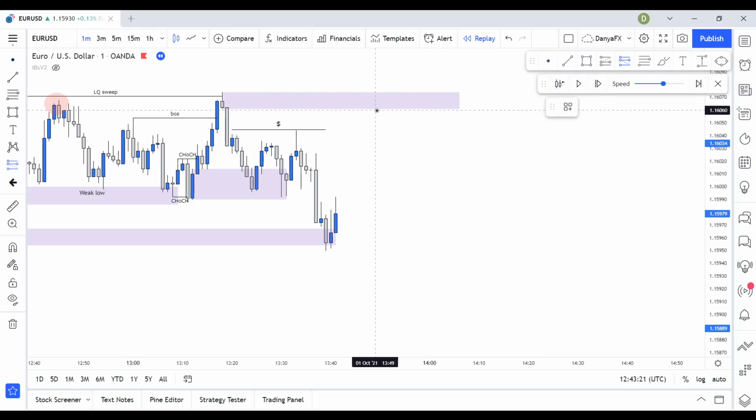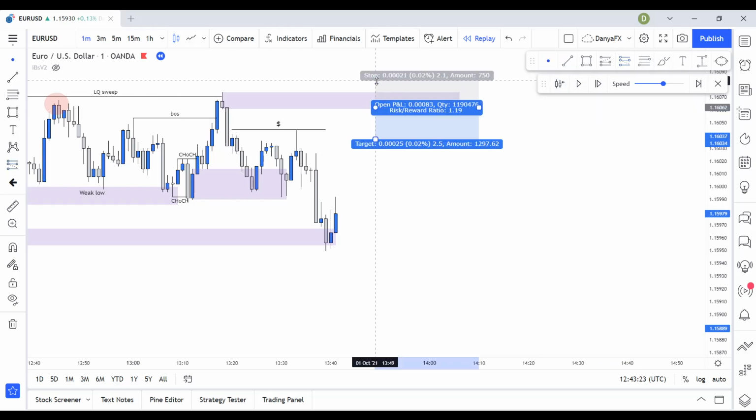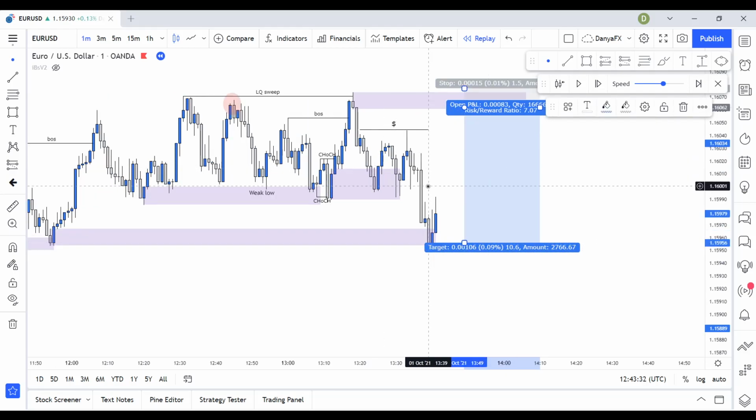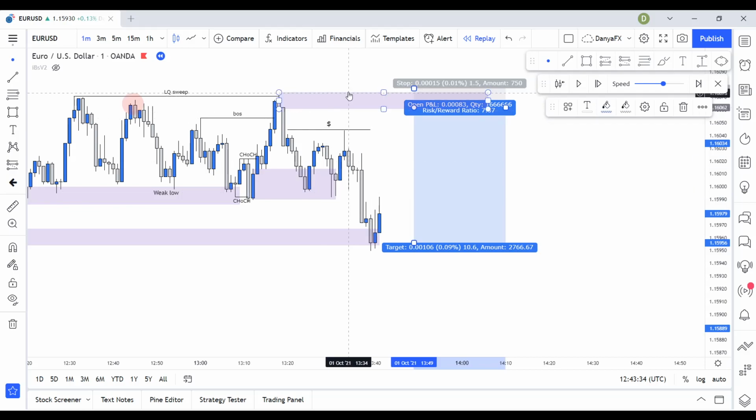So at this point, I set my sell limit order, as I said, at 1.5, and then to take profit, as I said, this is in case this demand doesn't print a higher high, it is weak.